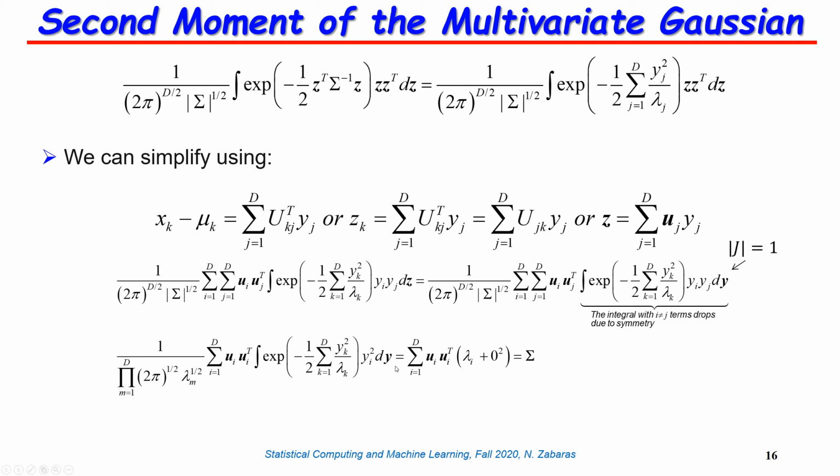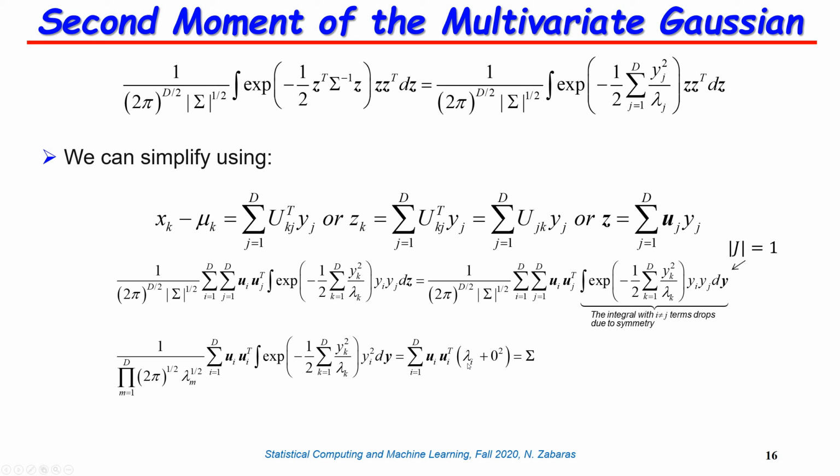If you pay close attention, each of these terms in the denominator and each of these exponential terms is a univariate Gaussian. So the integral with yi square is really the second moment of a univariate Gaussian. I can split this into univariate Gaussians, and the variance that you get is nothing else but the second moment minus the mean square, and the mean of y is equal to 0.